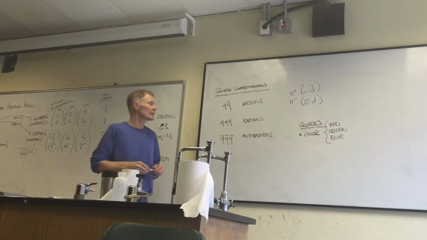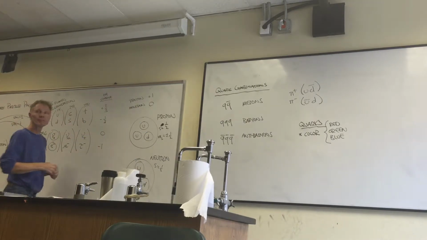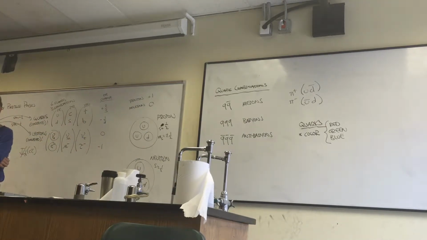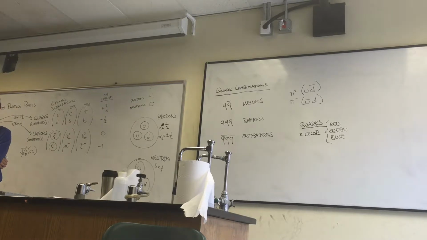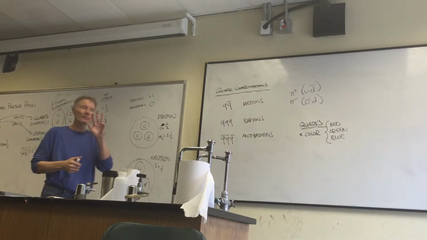Now the analogy here is, go back and think about spin. If I have an electron, how much spin does it have? 1/2. How many different states could it be in? Well, it could be in 2, right? There's a spin up and a spin down state. And I can only assign 1 electron to one state. If there's another electron that comes around, it's got to go into the other state. It's the same idea, except now there's 3 possibilities.